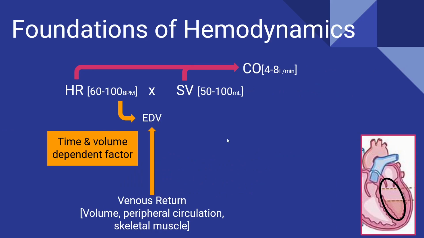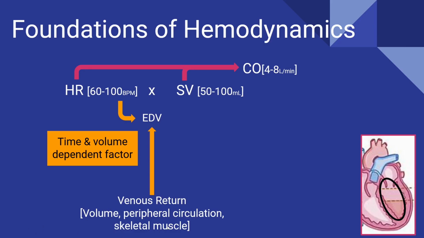Okay, so we'll move on to the next little step here. Remember, this is all just one little thing at a time. What we next want to see is how much volume is being returned to the heart. And that's venous return, right? All that is dependent on how much blood volume you have, how tense your skeletal muscles are.